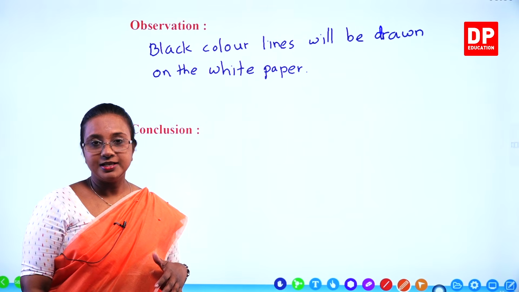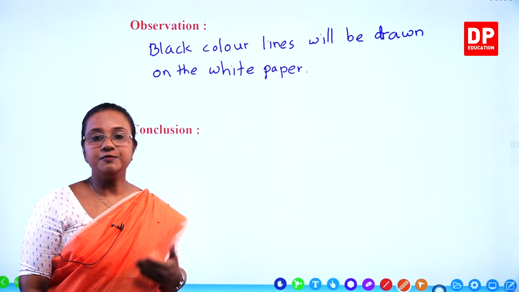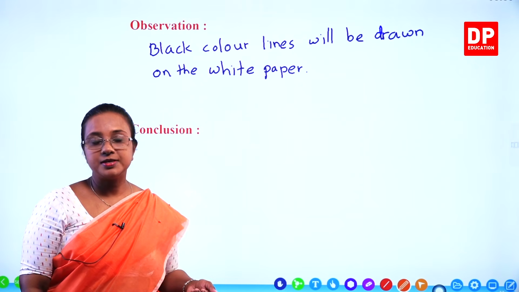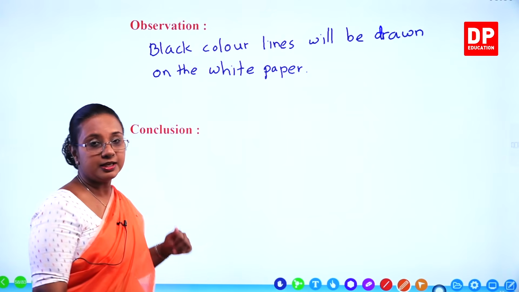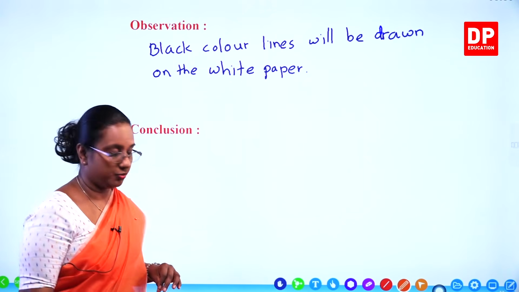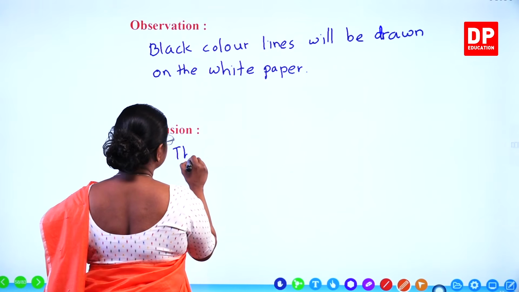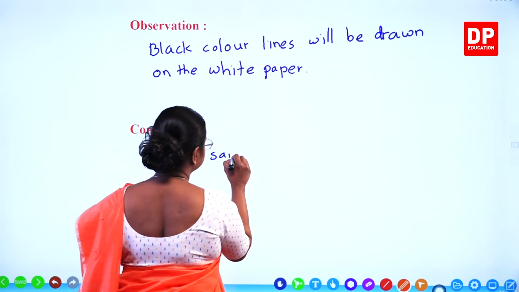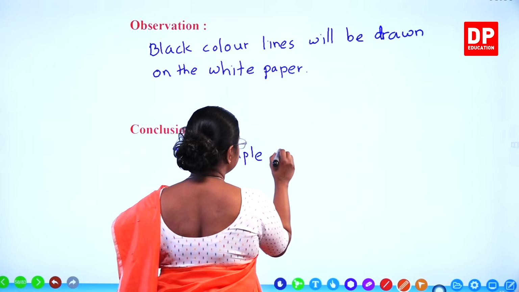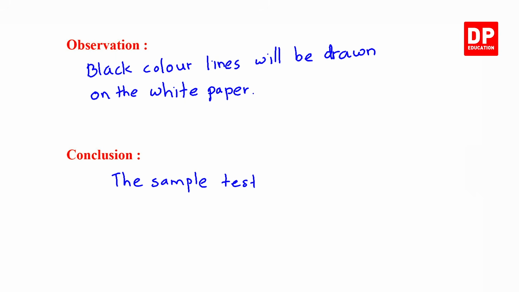Because the black lines are due to carbon, we can confirm the presence of carbon in the food sample we used. So the conclusion will be: the sample tested contains carbon.